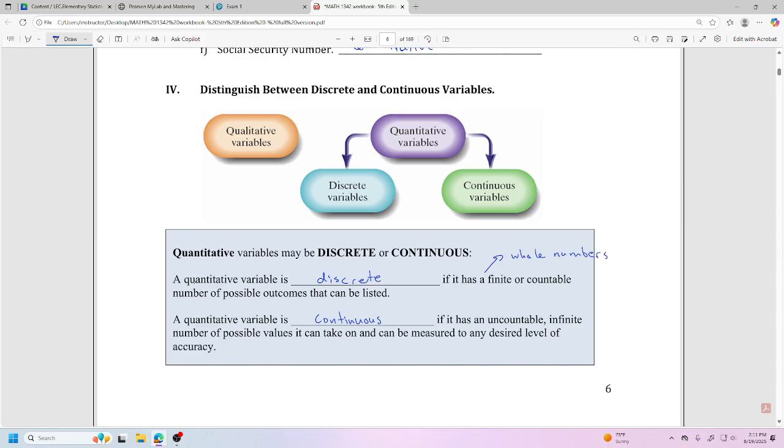And what's actually interesting is the homework uses that terminology. So when it says, is it qualitative, quantitative, discrete, continuous, or whatever, you can say whole numbers, and it'll say yes, that's correct. Okay, so those are the words that your homework will use. Continuous, I'm going to say like all decimals.